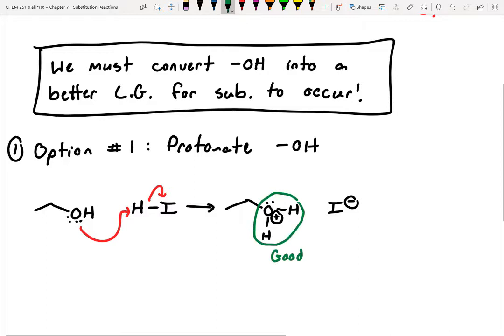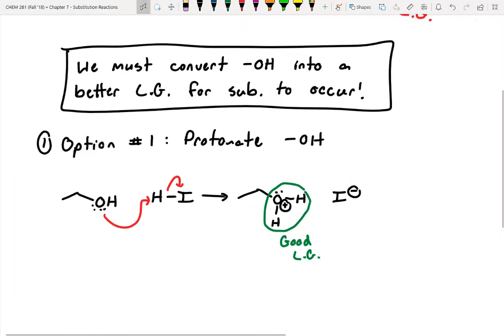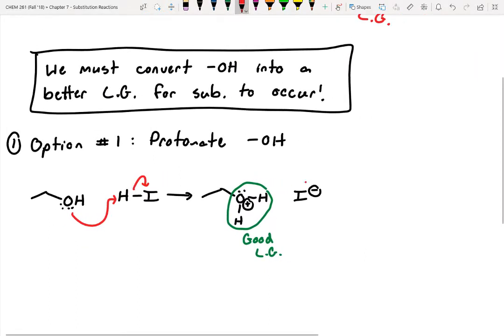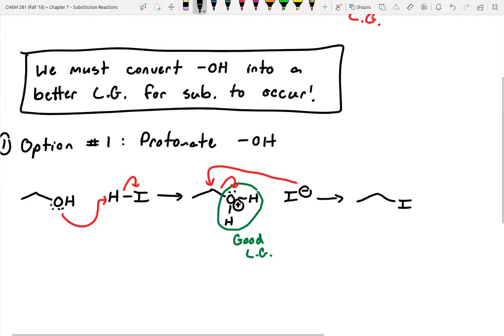It's water. If it falls off, it's neutral. It's nice and stable once you kick it off. So our conjugate base as our nucleophile can kick off this leaving group. We can get our substitution product, and our byproduct for this reaction is just simply water.